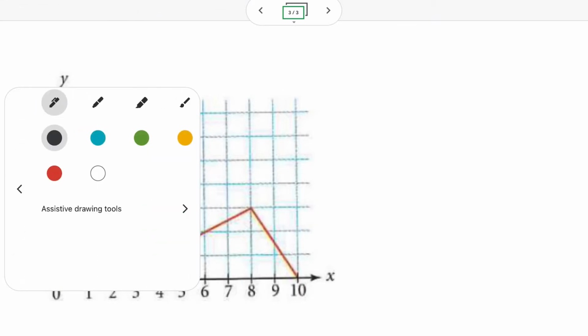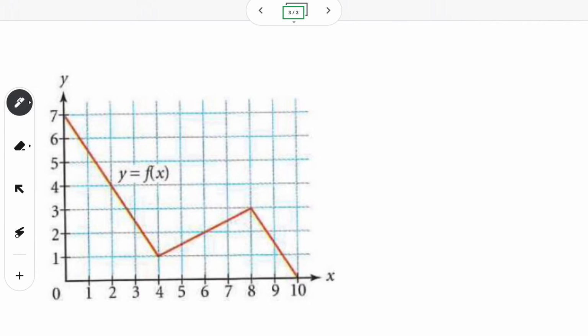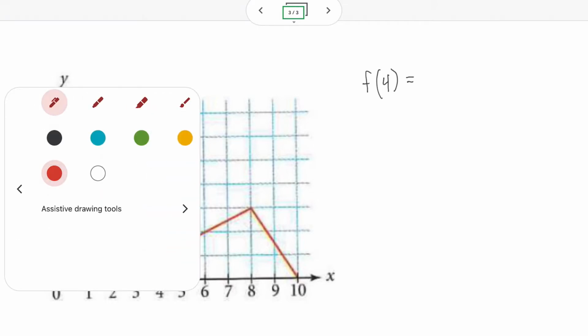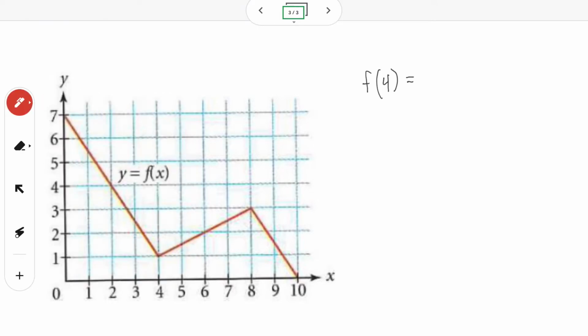Okay, now I'm going to go ahead and write. My first thing to evaluate is f of 4. Again, as you're taking notes, I would recommend that you write these down next to this graph so you have an example to reference, but you should just do what works for you. Here's what I need to remember: the number inside the parentheses is always x, and this number here is always y.